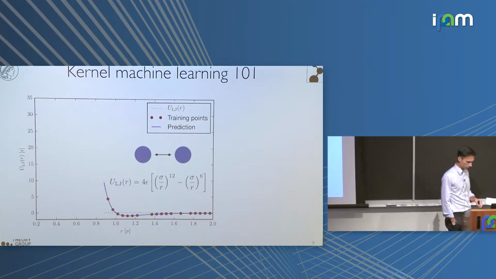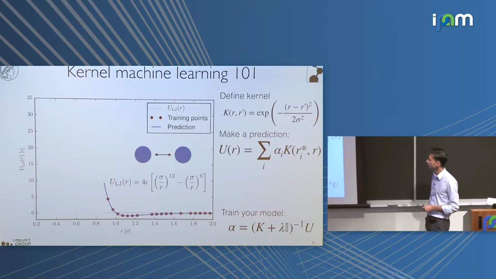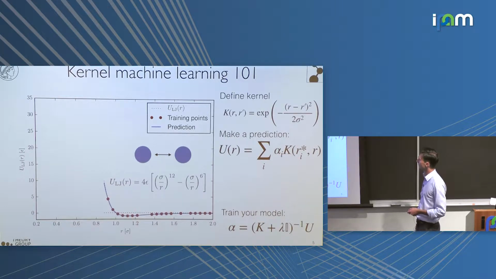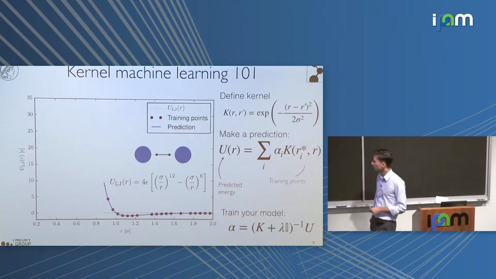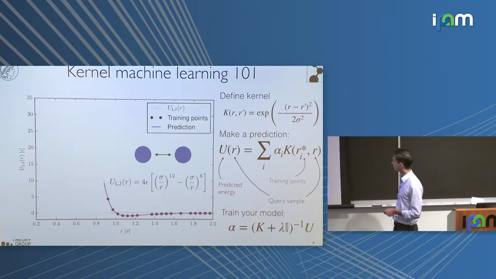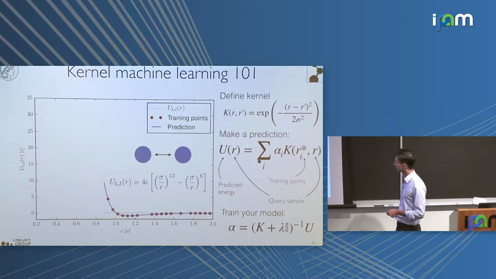And so I'm going to work with a kernel. We've shown these equations already. I'm going to try to learn a one-dimensional function. It's a very simple exercise. I'm going to use the distance as a representation here. So the kernel will look like this, and to make a prediction of my energy, I use a sum over all training points, and here R is my query sample that I want to make a prediction for.